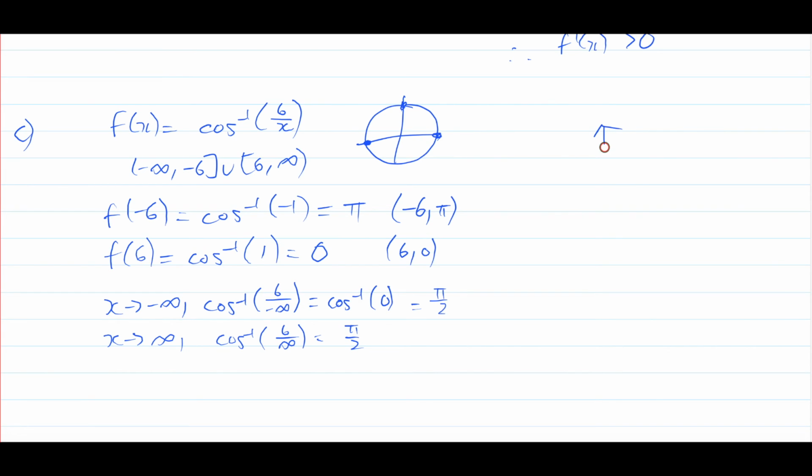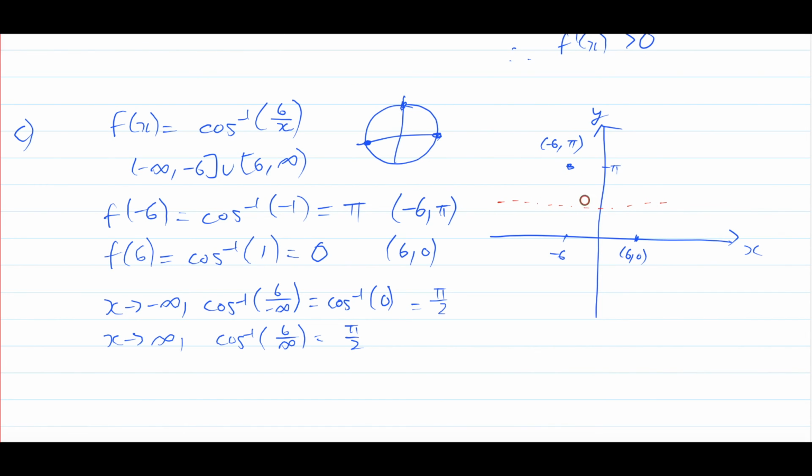So let's get the graph rolling. x-axis, y-axis. We know that our x-intercept is (6, 0). We also know that at negative 6, the y value is pi, so maybe I have pi up here at negative 6, and then we have an asymptote at pi on 2.